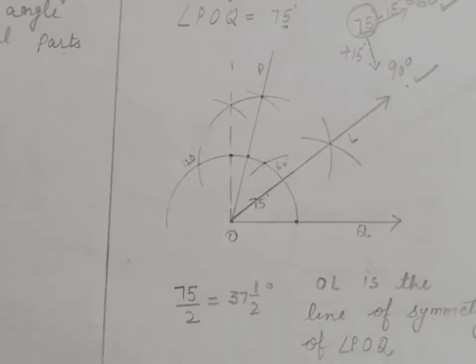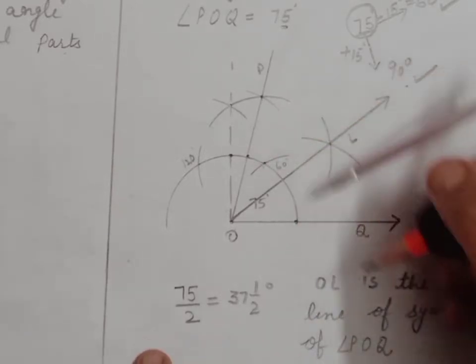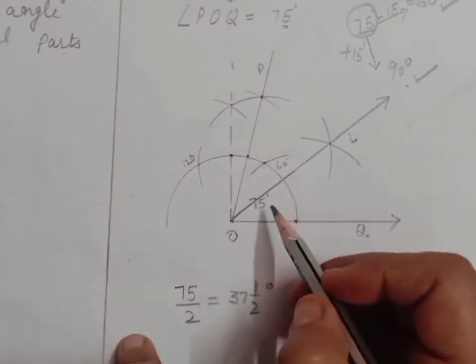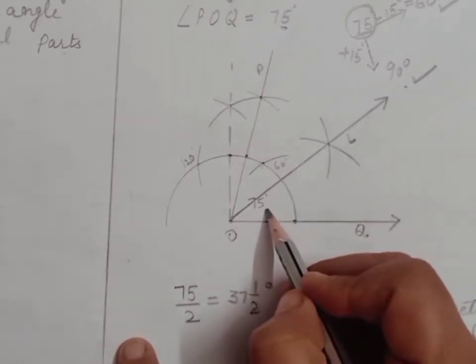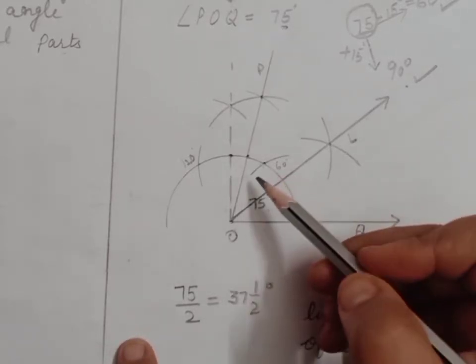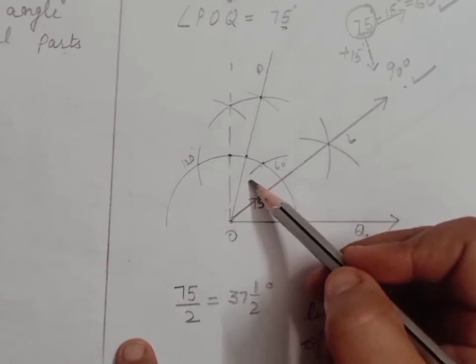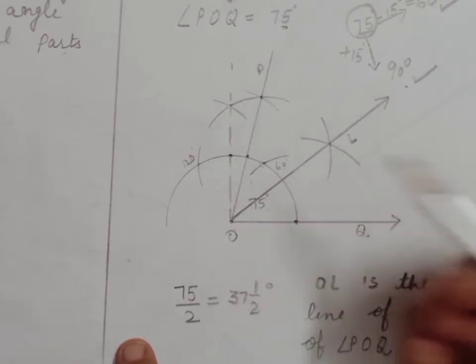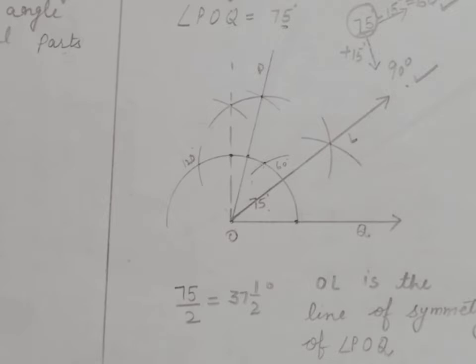Now this 75 degree angle is divided into 2 parts. So this will be 37.5 degree and this angle is also of 37.5 degree. So by this way you can find the line of symmetry or angle bisector.